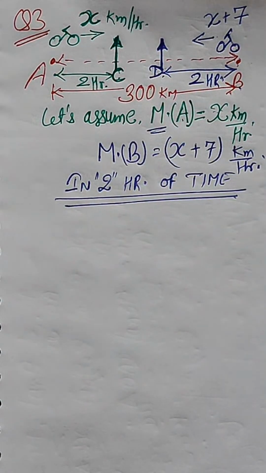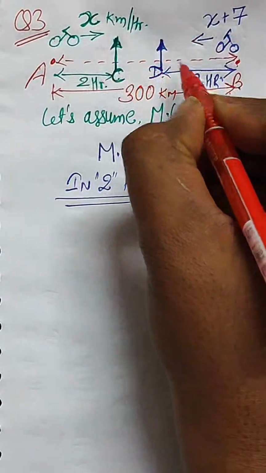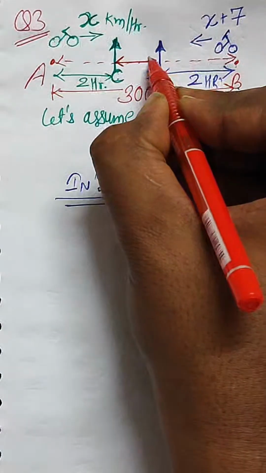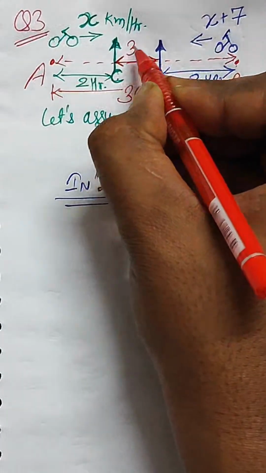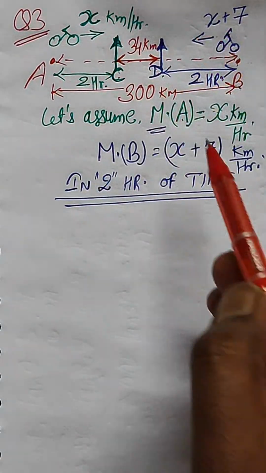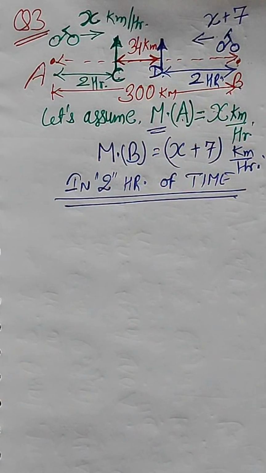Now, if the distance between them after 2 hours of their start is 34 km, the data is given in the question that after traveling 2 hours each, the distance which remains between them is equal to 34 kilometer. So 34 kilometer is still left between both the motorcyclists. Now the question is to find the speed of each of the motorcyclists and check your solution.